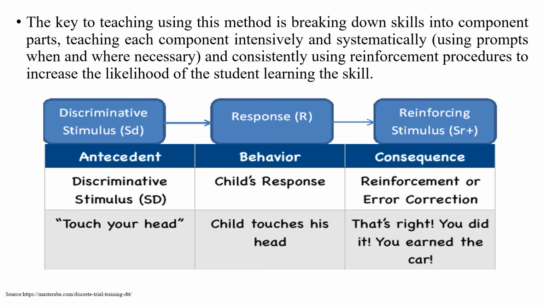So, we have been discussing from the beginning of DTT that breaking down the skills into teachable or simplified components is the key of DTT. So here, it depends upon the 3 key areas, that is discriminative stimulus, which is called SD or antecedent, and response, which is called behavior, and the reinforcing stimulus, which is called the consequence.